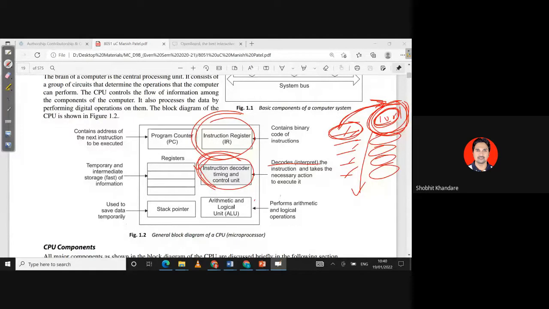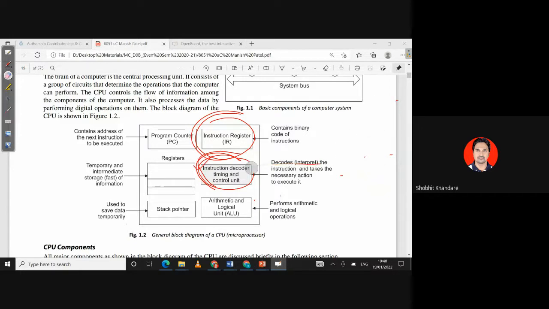So the timing and control unit is also important. Let me read this out for you.